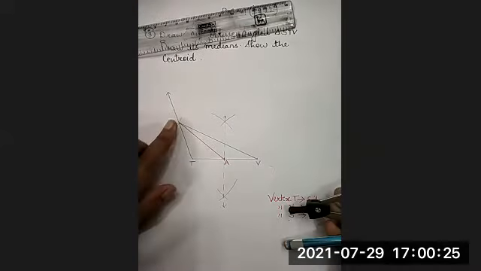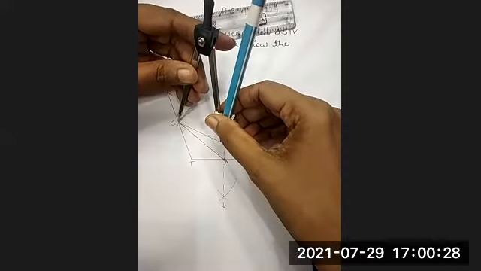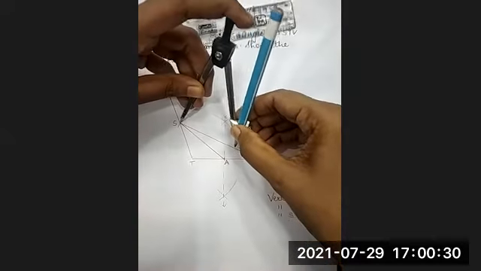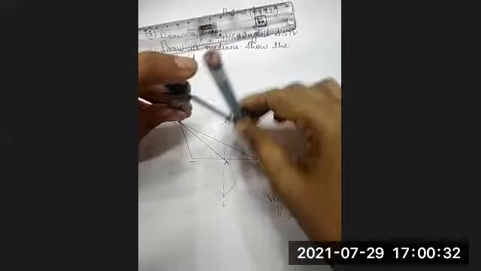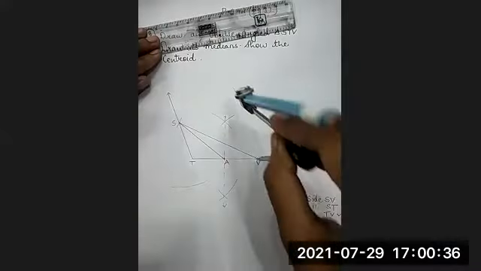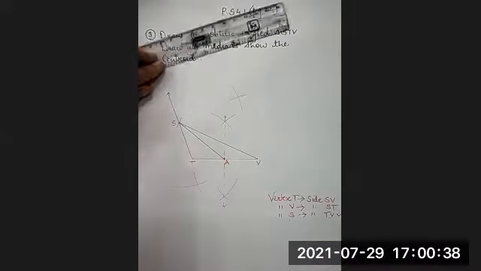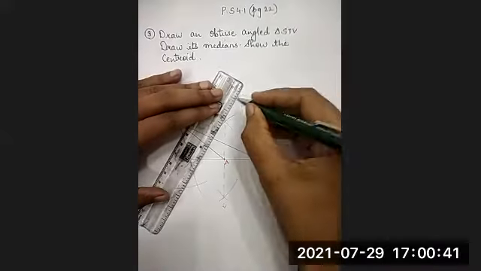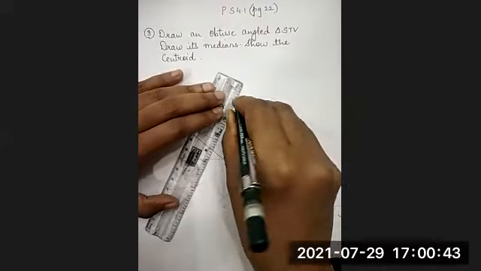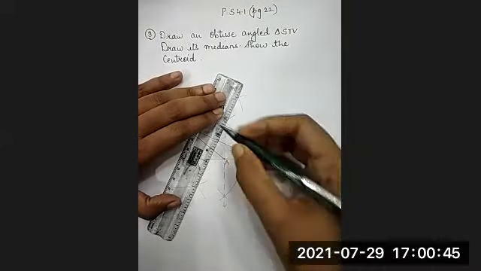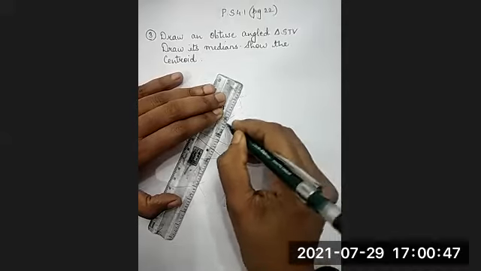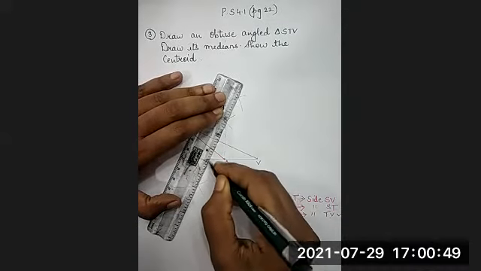Now let me take side SV. Again, I'm keeping the compass on point S, taking more than half distance, make the arcs, keep it on point V. Again, we need the point, that is a midpoint. So I'm just marking the point and I'm drawing a very fine dotted line.